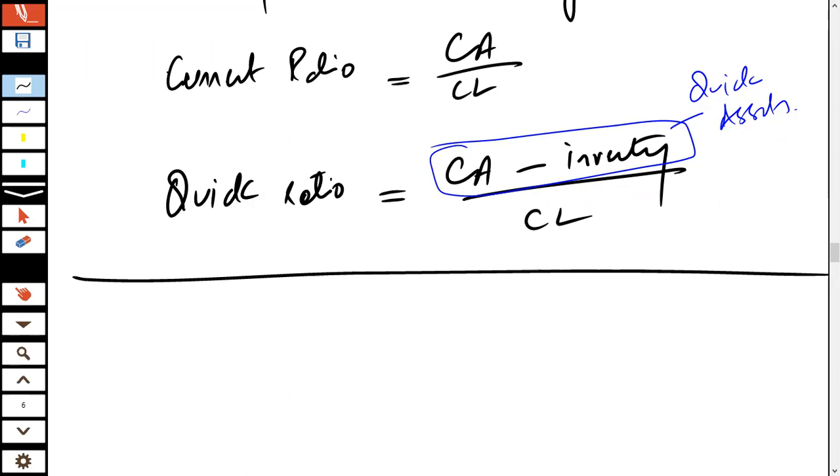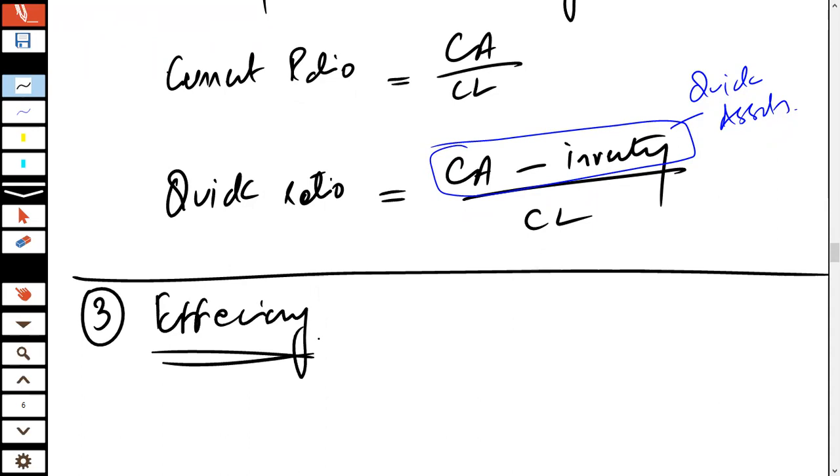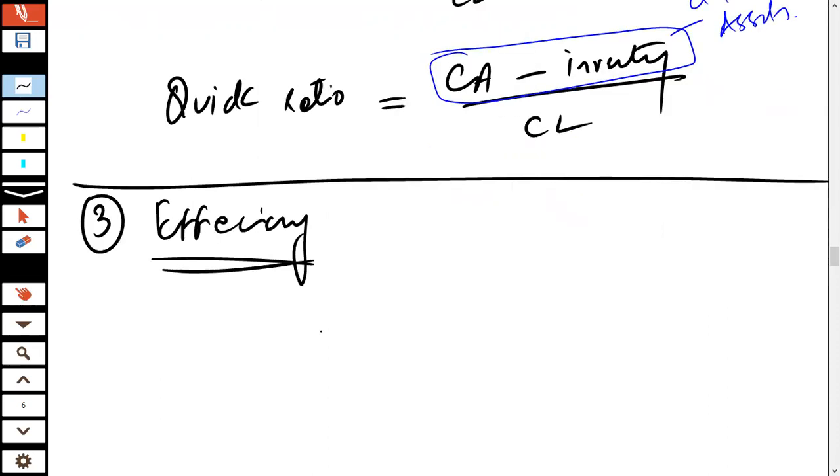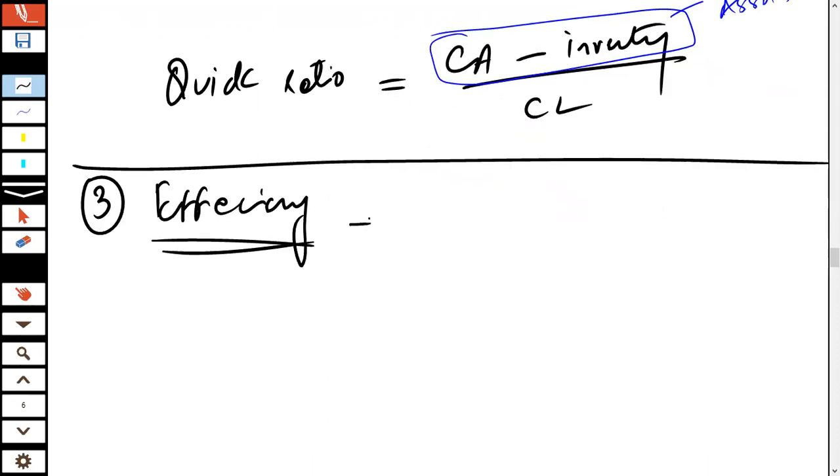I'm going to tell you that basically there is a third category of ratio, and that is called the efficiency ratio. When we talk about the concept of the efficiency ratio, the efficiency ratios tell you how well an entity utilizes its resources.